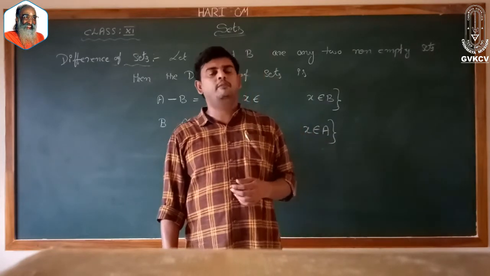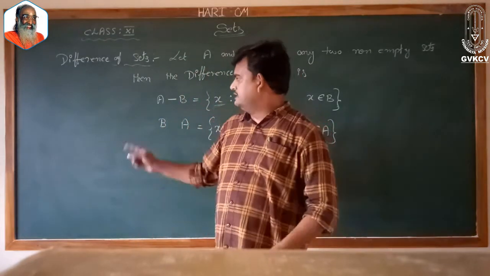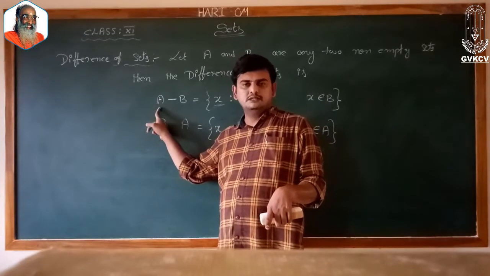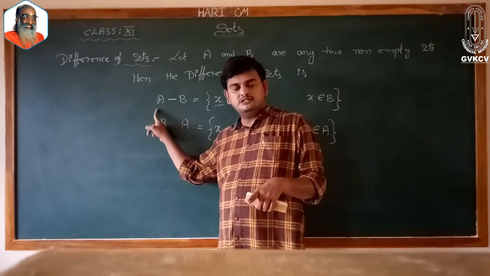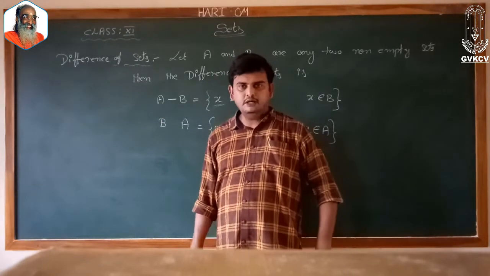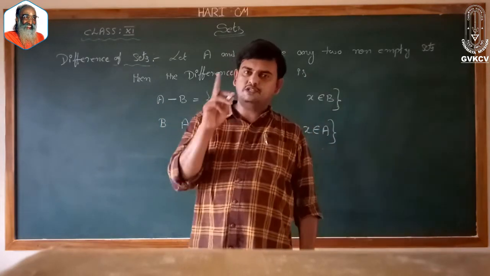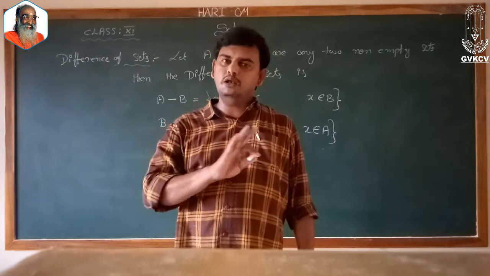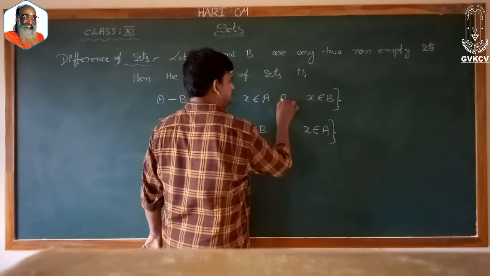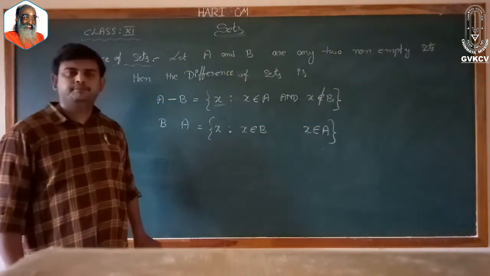After eliminating the common elements, the elements which are left in the first set, here A, that is nothing but A minus B. It means that if you have an element in A minus B, that element has to be only in A, not in B. That means X belongs to A and X does not belong to B.